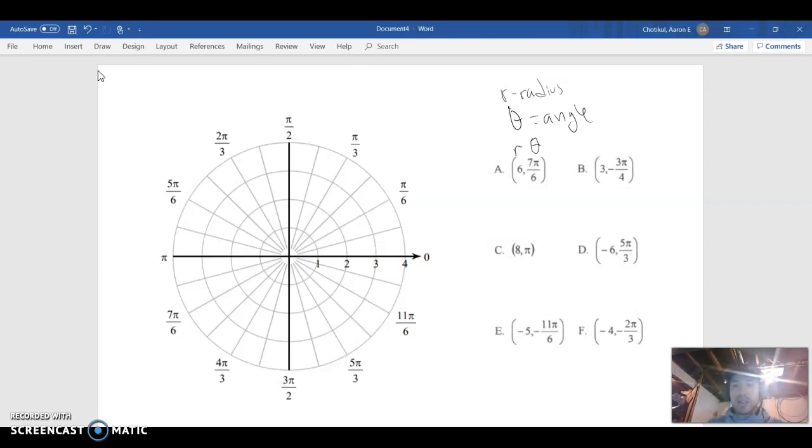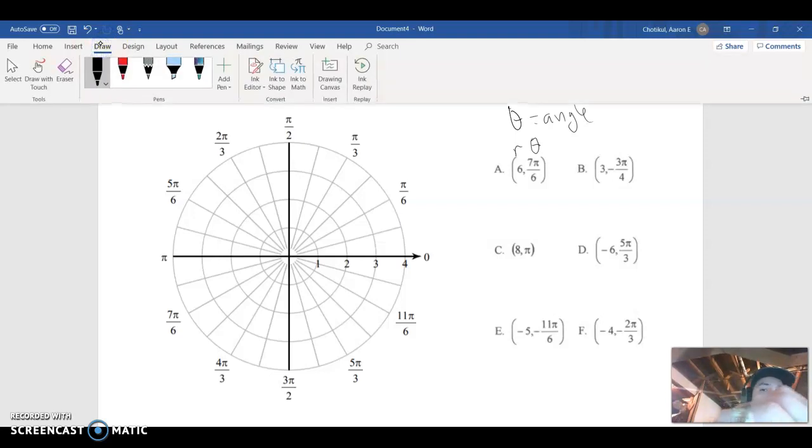I'm going to move you a little bit closer to me so I can write more neatly. If we look at our first example, we are given (6, 7π/6). The way I do this, I tend to draw out or highlight my theta first.